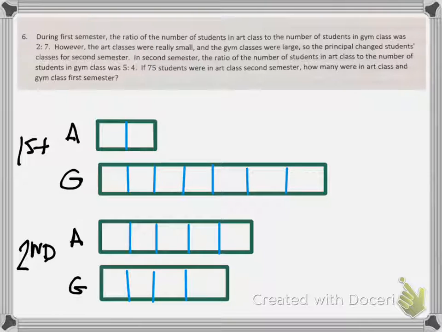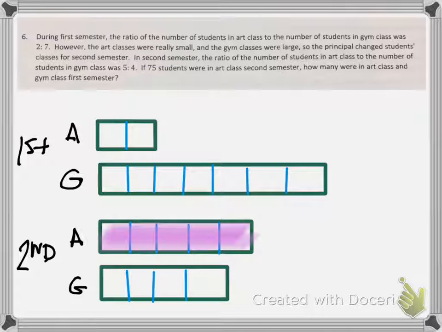Now I look for my clue and I find where that fits in my tape diagram. And my clue is if 75 students were in art second semester. So I'm going to find 75 students in art second semester. That's right here. That's this tape.